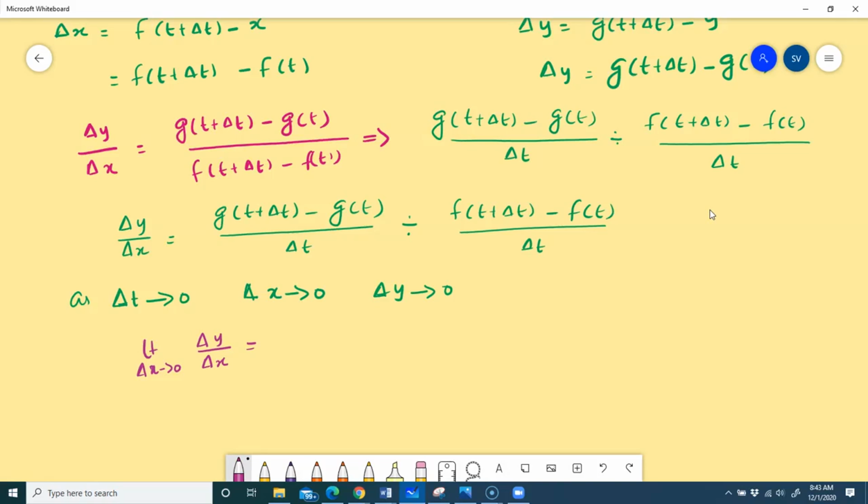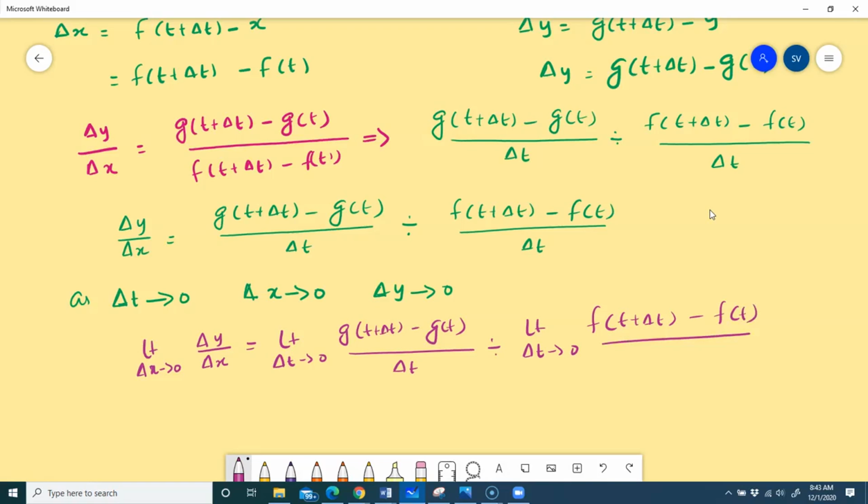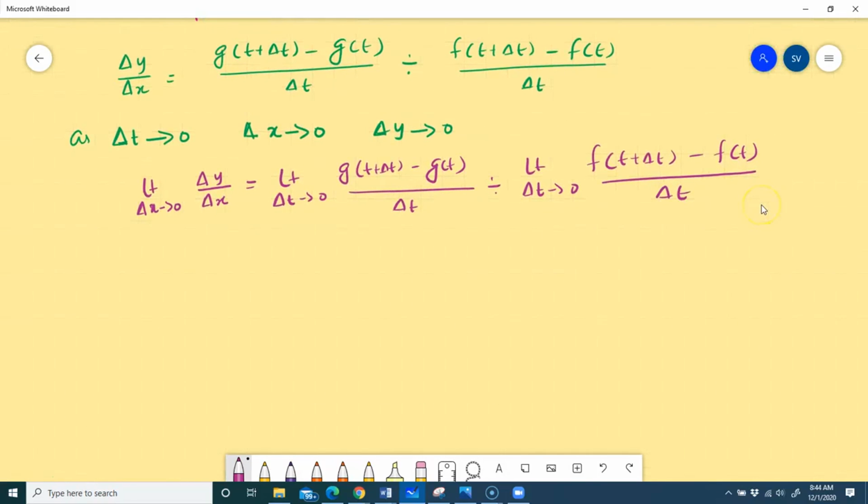On the right side, the decision maker is delta t, so we will choose the limit for that one. Limit delta t tends to 0, g of t plus delta t minus g of t over delta t, divided by limit delta t tends to 0, f of t plus delta t minus f of t over delta t. So that is the statement after applying the limit.